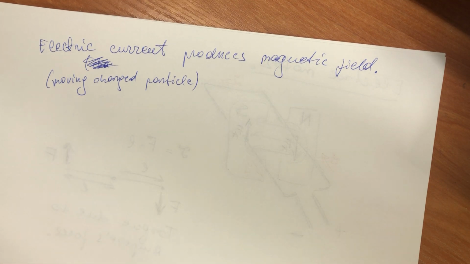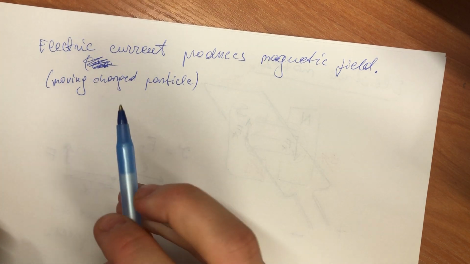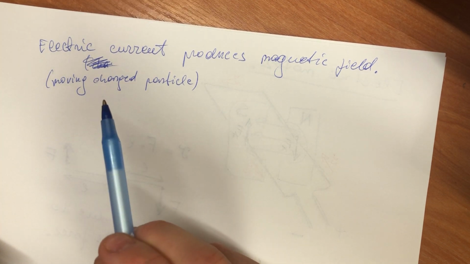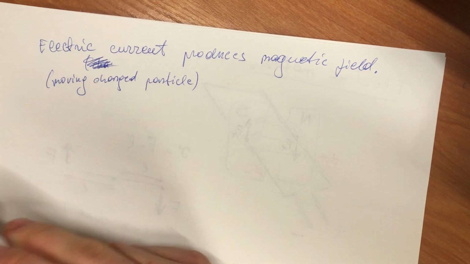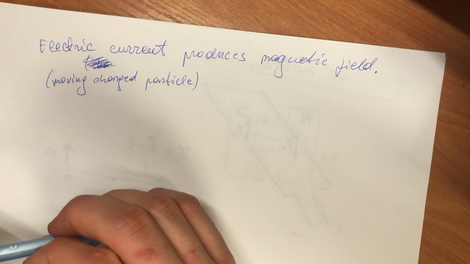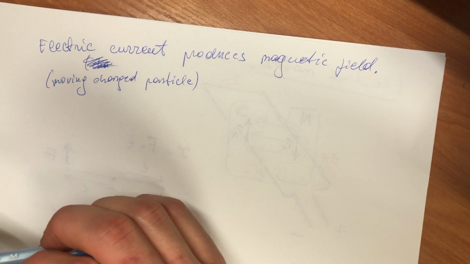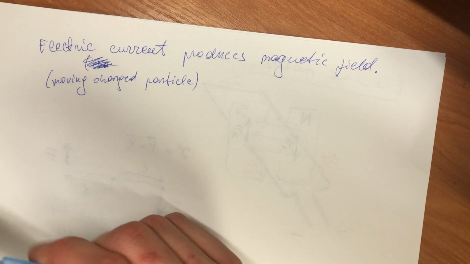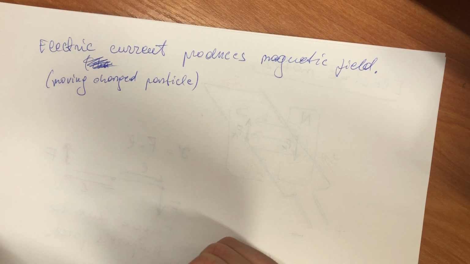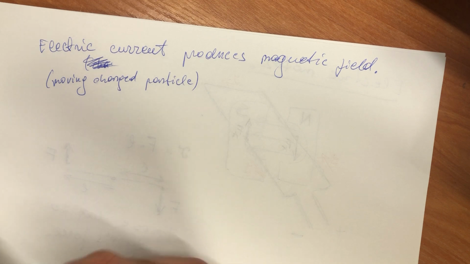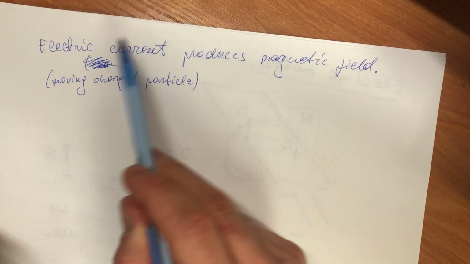Now Faraday, a scientist, a researcher, Michael Faraday, in the 19th century, he asked the question, can magnetic fields produce currents?